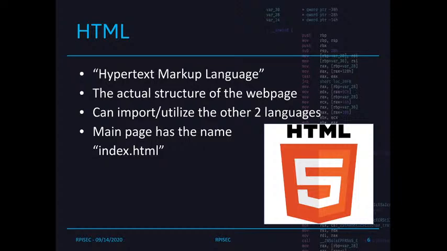The main one is HTML, which stands for Hypertext Markup Language. And this is the actual structure of the web page. So this is everything that you see on the page that is actual content, whether it be the title or a header or a paragraph or a link or a picture. All of that is done through HTML. And HTML is also what can import or utilize the other two languages.